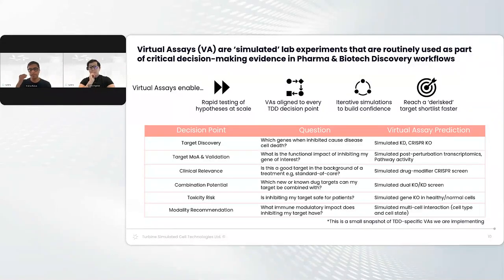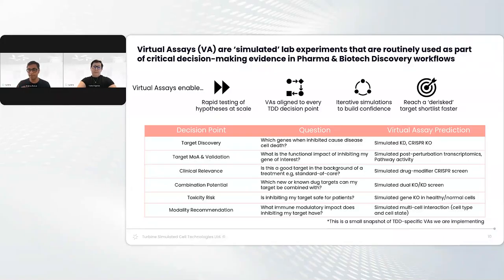And there are various decision points you would need for different stages of the target discovery and de-risking pipeline. We have a virtual assay aligned at every one of these decision points. So this could be mechanism of action, it could be validation, it could be connecting the dots to clinical relevance or combination potential. So every stage you can answer with a virtual assay.